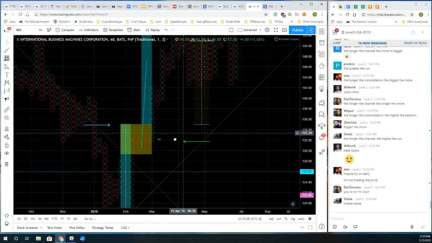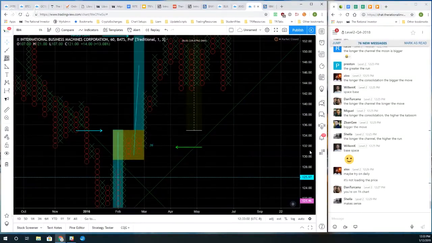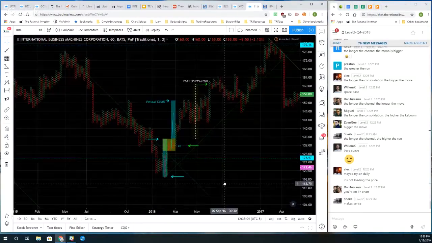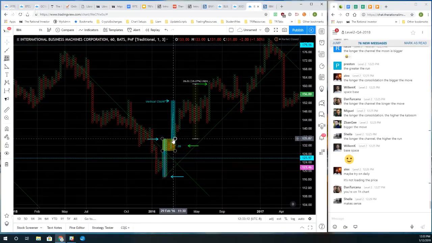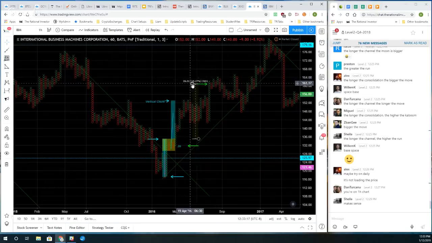So on the breakout through the top, you can actually project 26 boxes up. Remember, this is set 1 to 1, so $26. The breakout through the top here, this horizontal count actually is projecting the price objective up into here. Does that make sense?